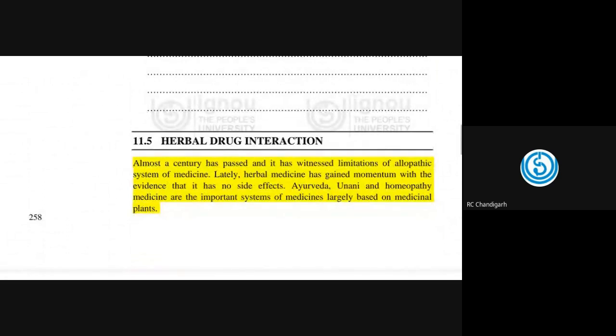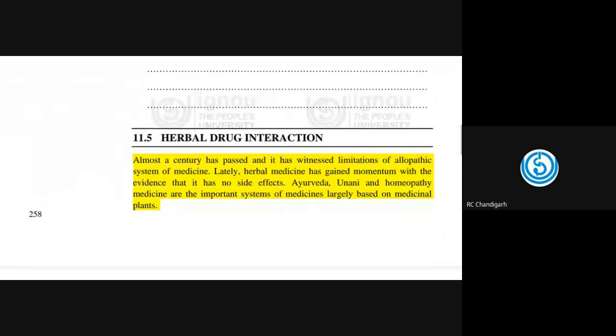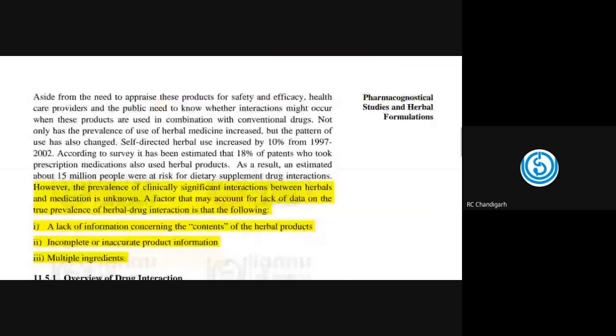Now, herbal drug interaction. Almost a century has passed and it has witnessed limitations of the allopathic system of medicine. Lately, herbal medicine has gained momentum with the evidence that it has no side effects as such. Ayurveda, Unani, and homeopathy are important systems of medicine largely based on medicinal plants.